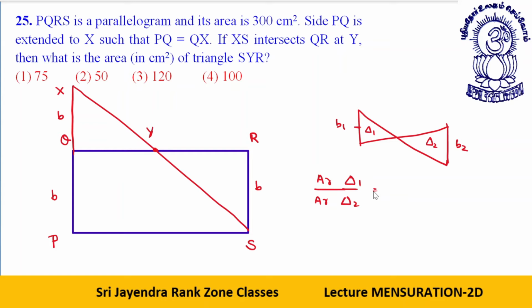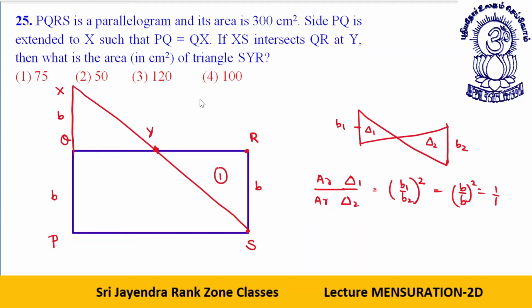Now, what is the area of triangle SYR? I repeat, SYR. See, so this is the midpoint. Now, since this is the midpoint, what will happen? It is not given that this is the midpoint, but these two triangles are similar triangles. In fact, these are congruent triangles. How come this side is equal? This angle is 90 degree.